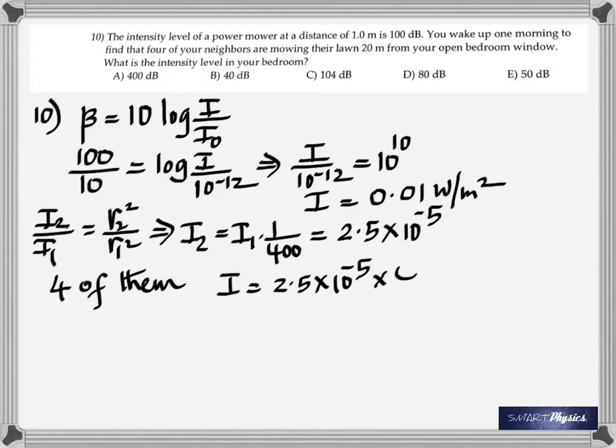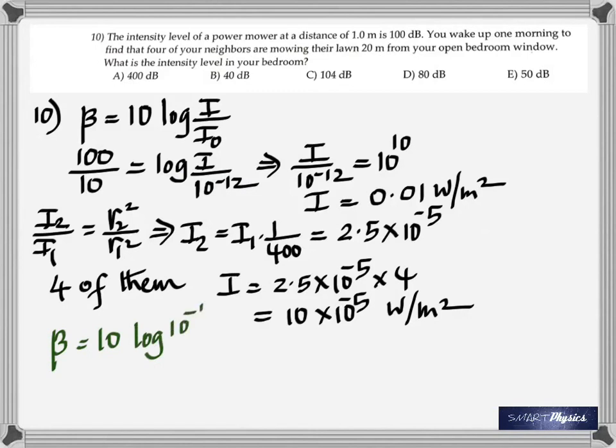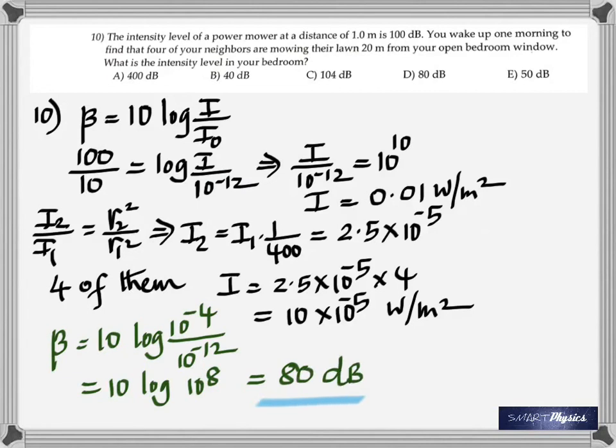So you multiply this with 4. And you get 10 times 10 to the negative 5. And now convert it back into decibels using the formula. And you get 80 decibels. And so that is what it is.